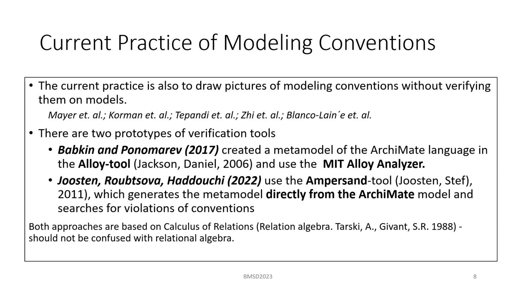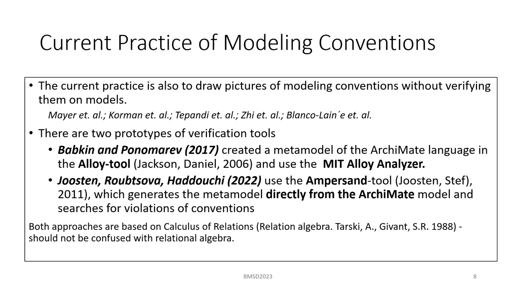The current practice is also to draw pictures of modeling conventions without verifying them on models. The Archimate models of security, privacy regulations, design principles, and other laws can be found in literature. There are 2 prototypes of verification tools.